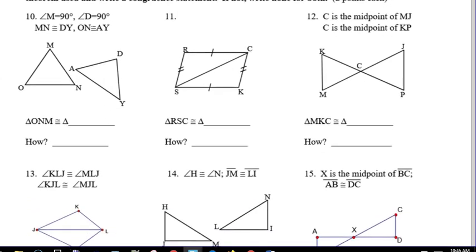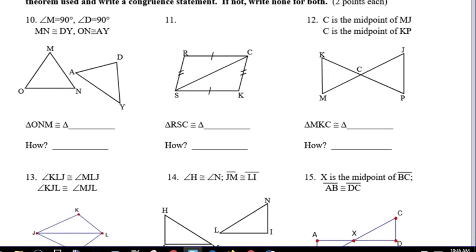Okay. So, angle M, just mark everything. Angle M is 90, so go in there and put a 90-degree angle. D is 90, put a 90-degree angle. MN, where's that? Right there. DY, where's that? Right there. ON, right there. AY, right there. Now go through and mark. Okay?